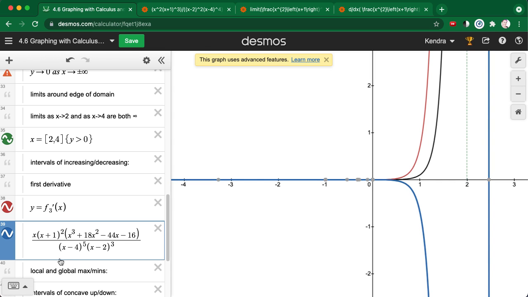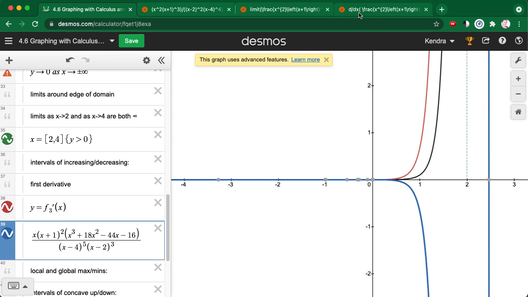Okay, so 2 and 4 are still excluded from the domains of the derivative. And this gives us... I got something wrong because this function is not showing the same as the red function.